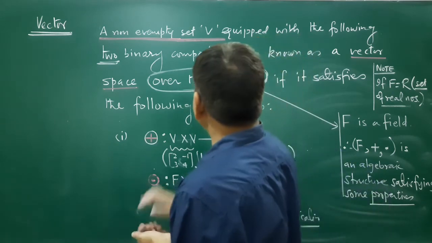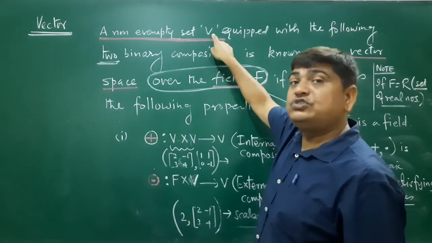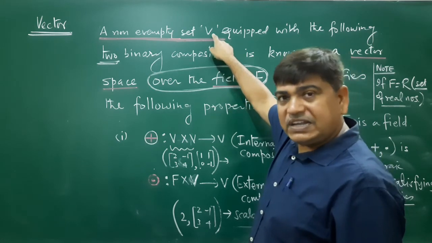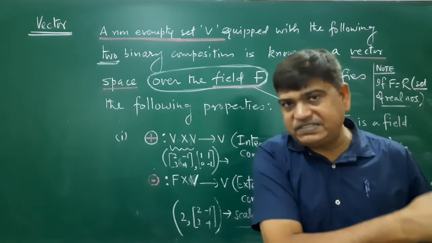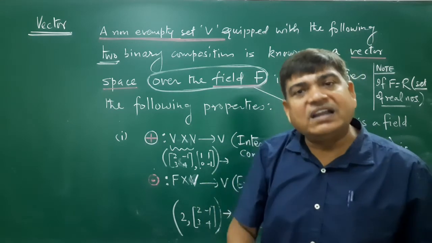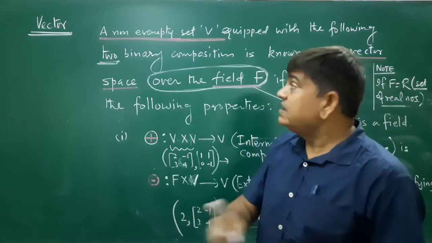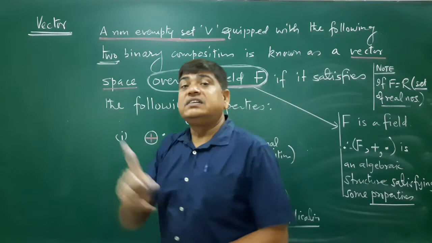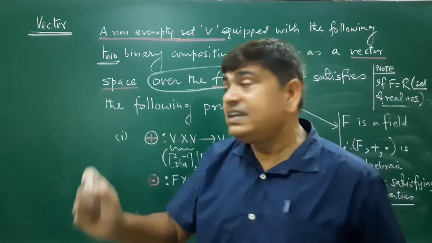If I say V is a set of matrices of order 2 by 2, it means the elements of V are matrices. It means the matrices are vectors here. Again I repeat, here vector does not mean the vector quantity.